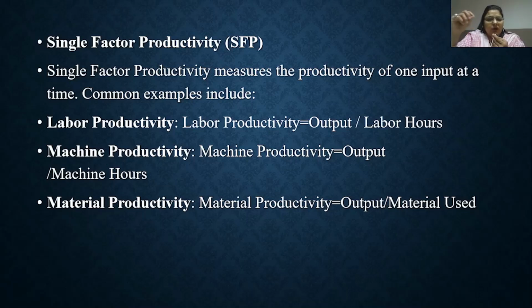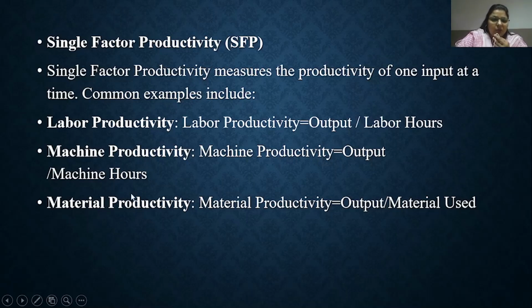So how can we calculate the labor productivity? Labor productivity is equal to the output upon labor hours. Through the labor hours and the output given for those labor hours, we can calculate the labor productivity. Now, what is machine productivity? Machine productivity is equal to the output upon machine hours.